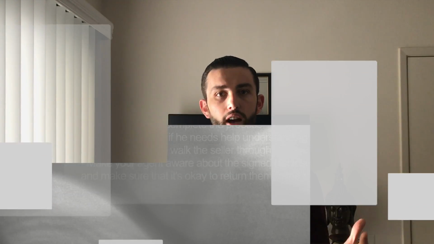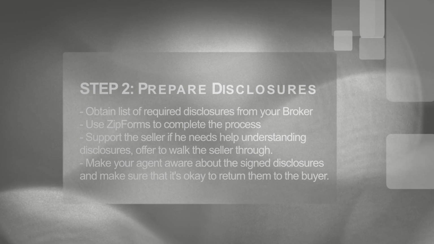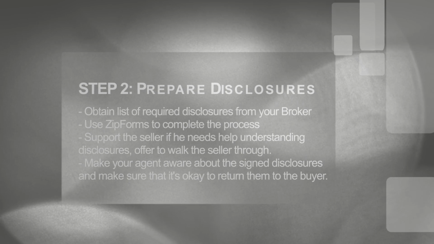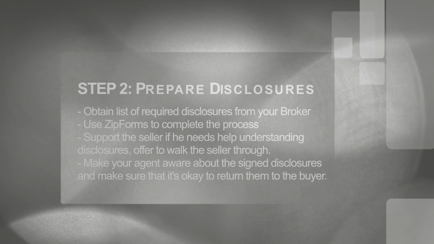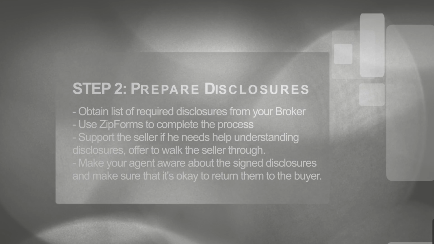The next step for you is to prepare the state-required seller disclosures. If you're a realtor, you should have access to zip forms. Once you're using zip forms, you can locate all of the state-required disclosures. Typically, your broker should have a list of what they require for the agents to provide when they close a deal.